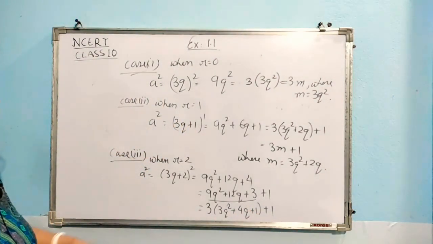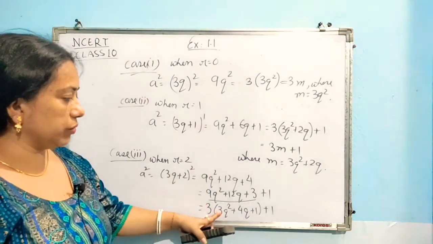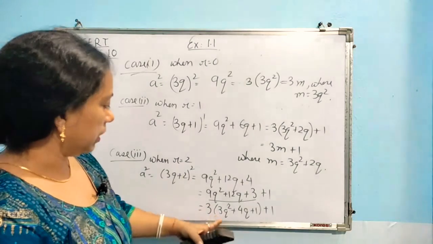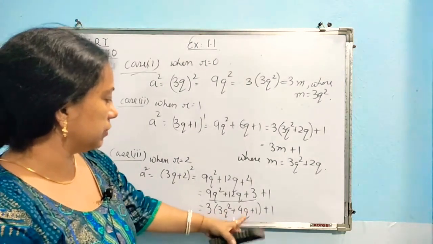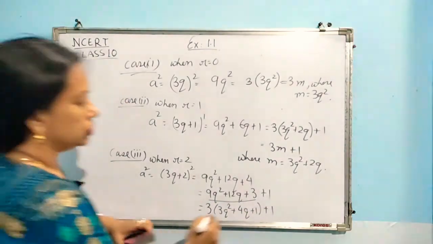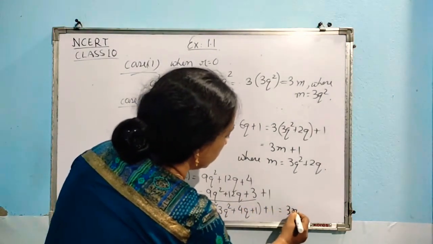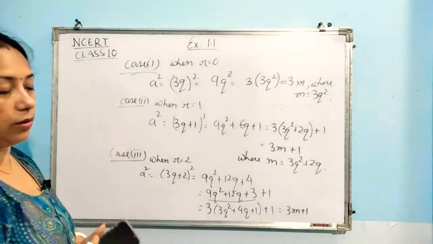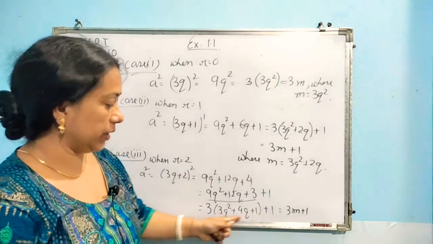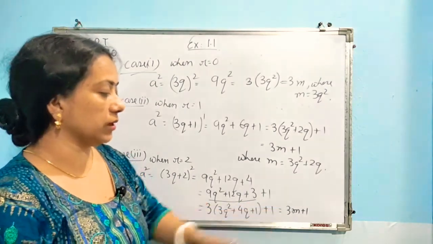Done. So 3 into 3q square, 3 4s are 12q, plus 3 1s are 3, plus 1, isn't it? So this can again be written in the form 3m plus 1. Now see here, this entire thing is m. So 3 into m plus 1.